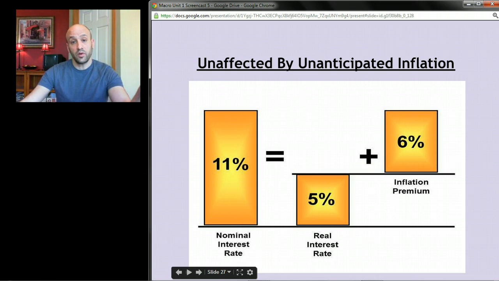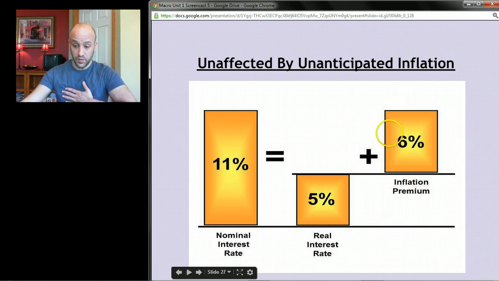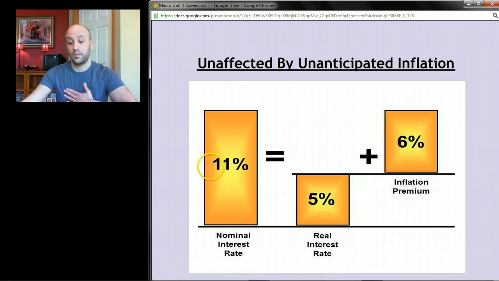So when someone borrows money from you as a lender, instead of charging 5%, you'll charge 11%. By charging 11% interest, you'll cover the fact that inflation is happening, and you'll really earn your 5% interest rate. Nominal equals real plus inflation, or real equals nominal minus inflation.